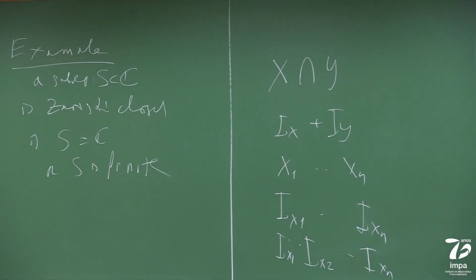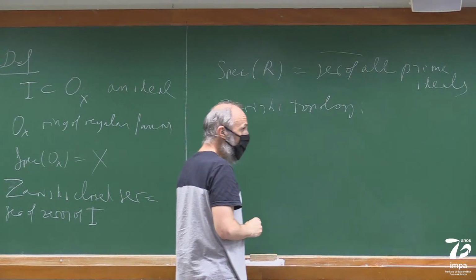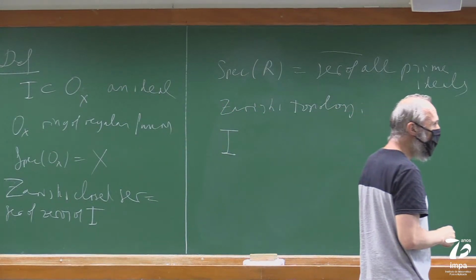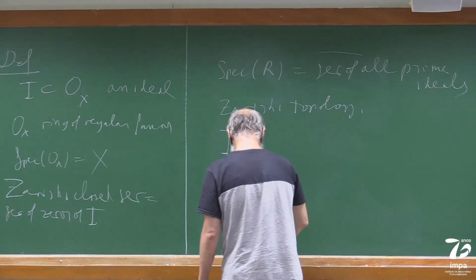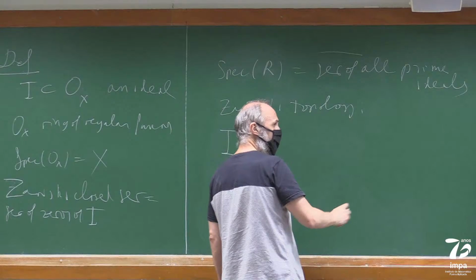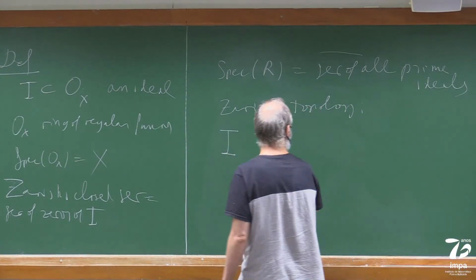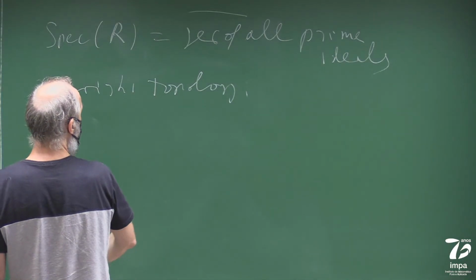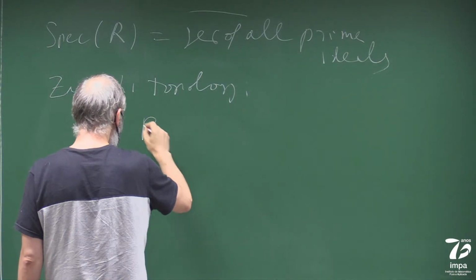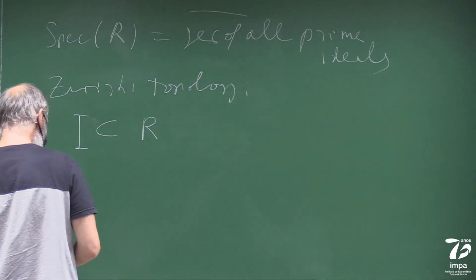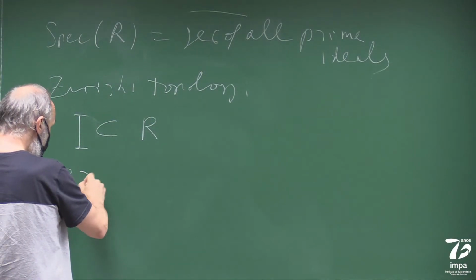If you have an ideal I inside R, you consider the set of all P which contain I. Of course, here it's written "contained"; it should be the opposite, I'm sorry.